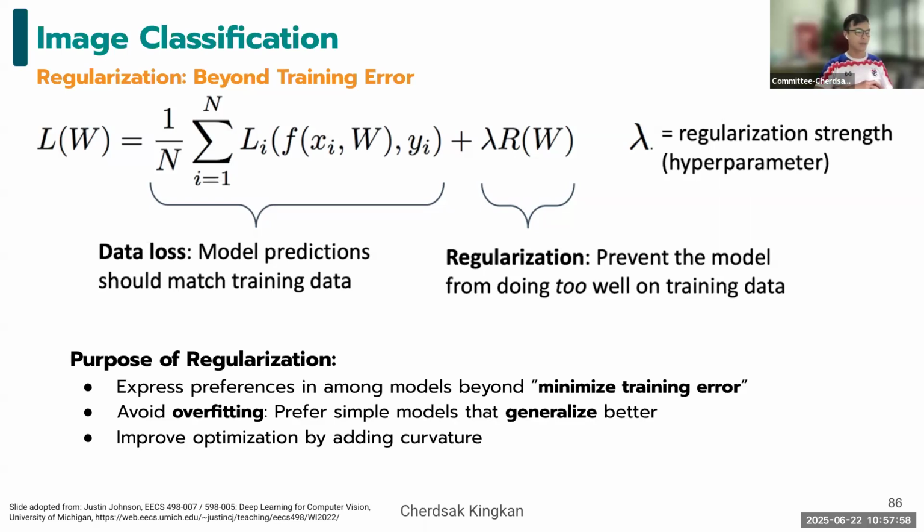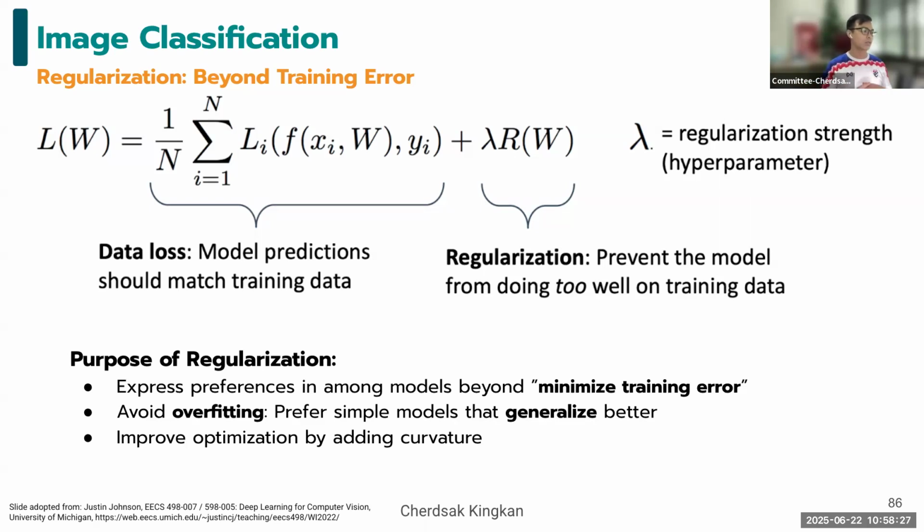But there are many sets of W, or many sets of coefficient parameters, that can give us the lowest loss value. So to get a unique set of weights, we add regularization to express our preference, what kind of model that we want, right?